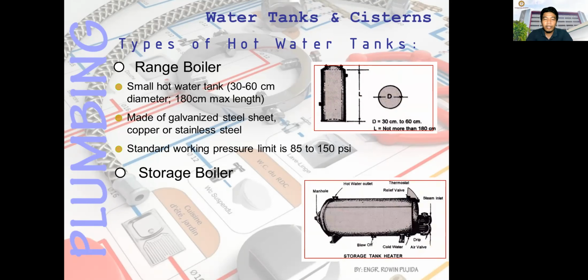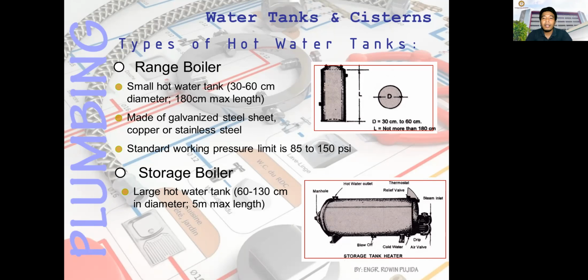Another is the storage boiler. This is a large hot water tank, 60 to 130 cm in diameter and 5 meters maximum length. Normally for a residential building, we just use a range boiler.